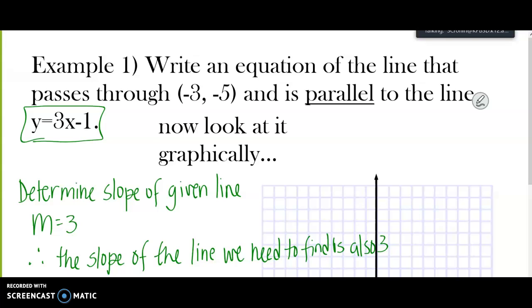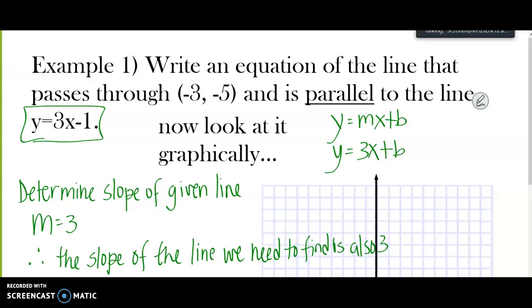So we have to find that y-intercept, and we can use either point-slope form or slope-intercept form. I'll use slope-intercept form, y equals mx plus b. I put the 3 in there, so we have 3x plus b. How do you find b? Put in x and y.